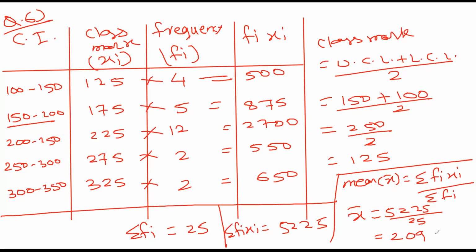Is it 209? Sir, my sigma fi xi came 5275. 5275? Yes, yes, it is 5275, right. 5275 upon 25, it will be 211, right? Yes, sir. Yes, so x bar will be 211.